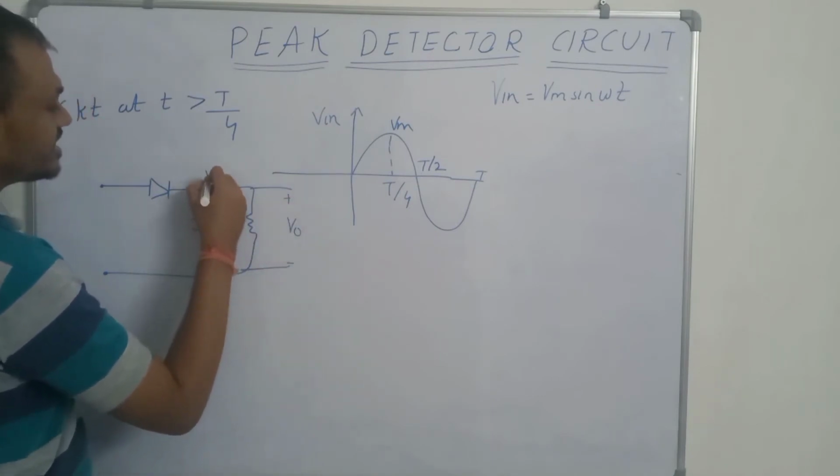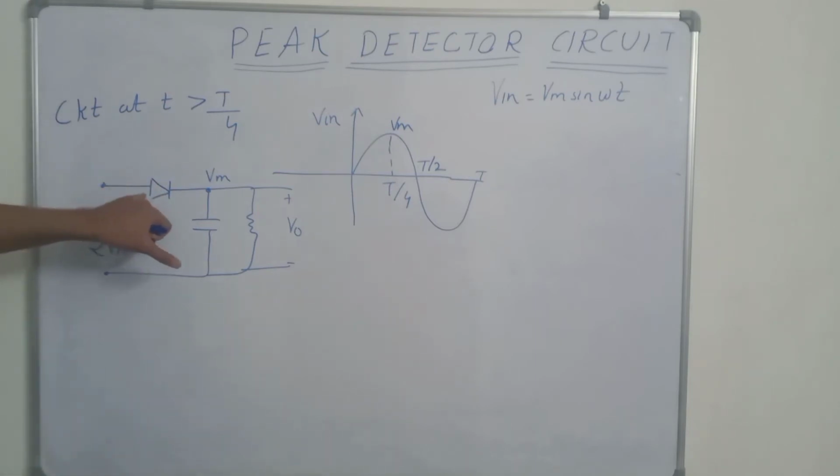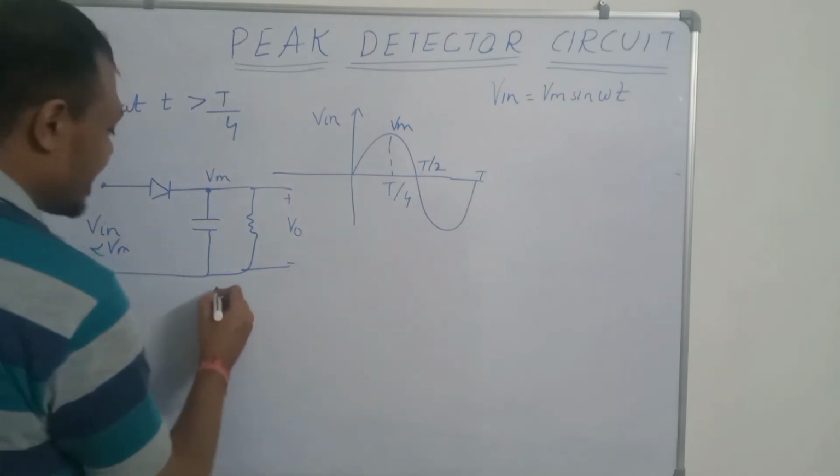So this voltage is Vm and this input voltage is less than Vm. So the voltage at the P terminal of the diode is less than Vm, whereas the voltage at the N terminal of the diode is Vm.